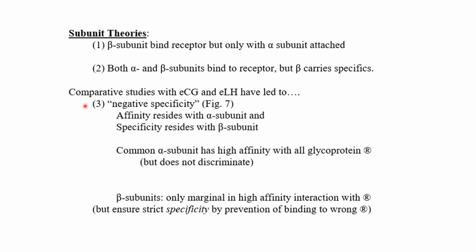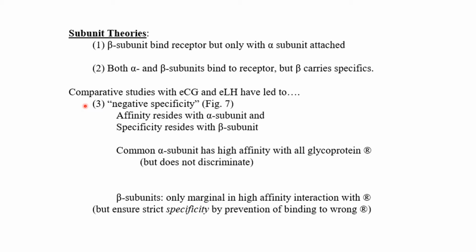And that helps explain why high doses of FSH will actually bind to LH receptors. High doses of LH will actually bind to FSH receptors, and high doses of eCG will bind to FSH receptors, and high doses of hCG will bind to LH receptors, and that's why it works in those pigs.